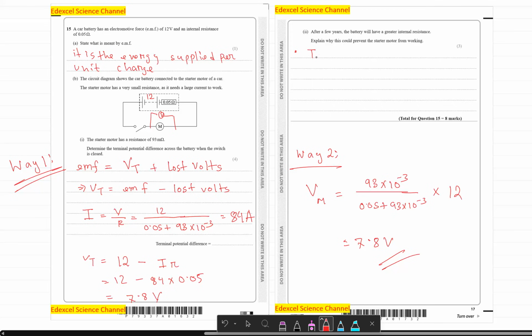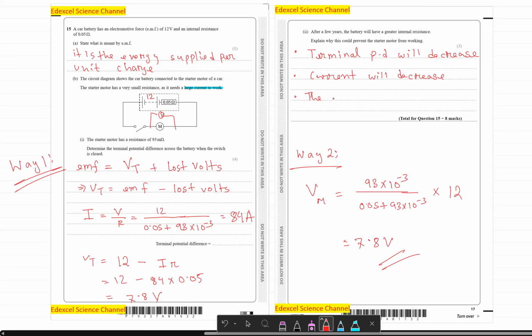So I can say that terminal potential difference will decrease. Therefore, current will decrease. It says in the question that it needs a large current. So therefore, the current will not be high enough for the motor to work.